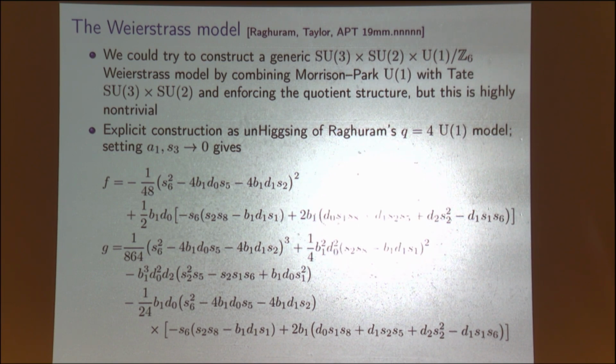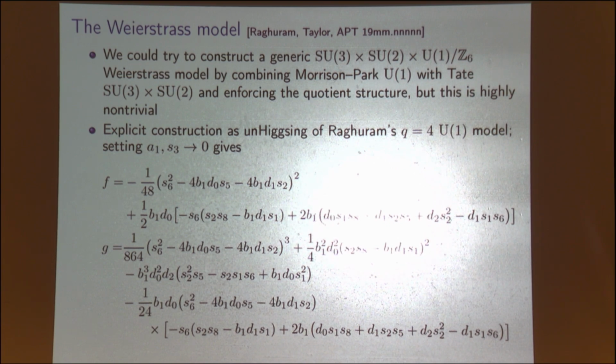Those are the vevs that we are setting to 0, pairs of each of them. To do the higgsing, you have to give them non-zero vevs. And that leads us to this Weierstrass model.